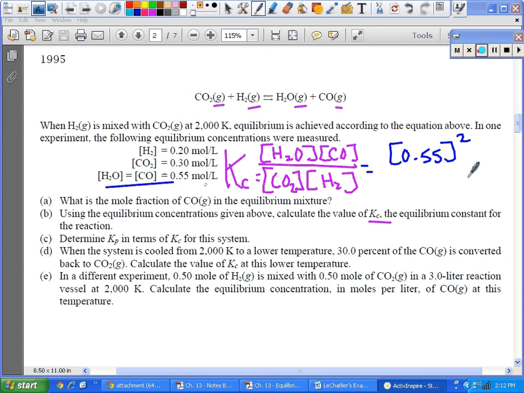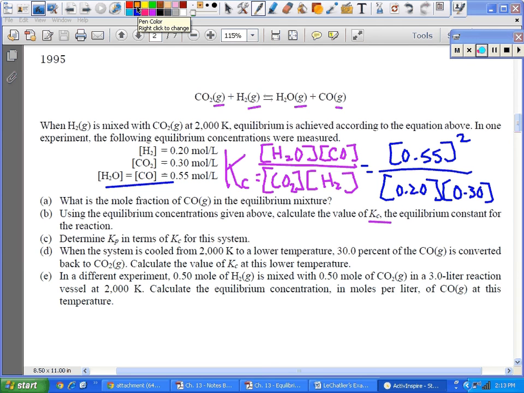Okay, I have the answer. The answer is to two significant figures. That right there.